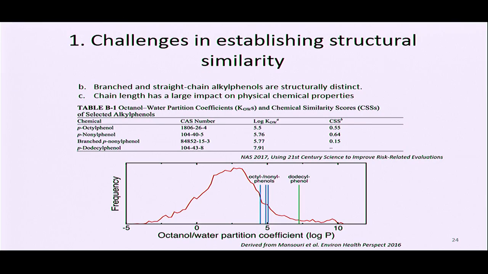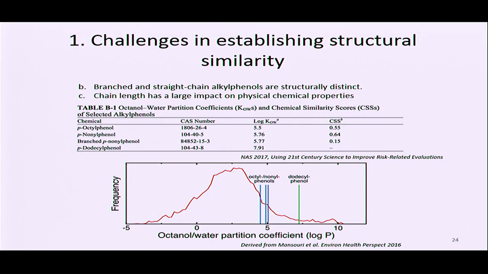So what does that mean in the context of the chemical universe? These values differ a little bit because the estimation was done differently, but this is the entirety of the CERAP chemical universe, 55,000 chemicals. And what I've plotted here is a histogram of their partition coefficients, in red in the background.